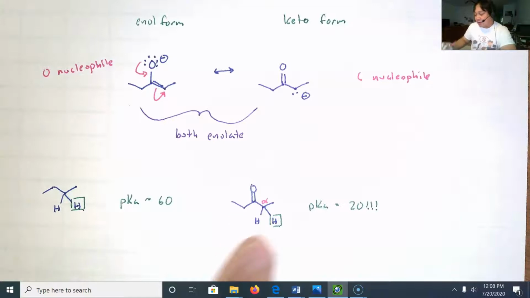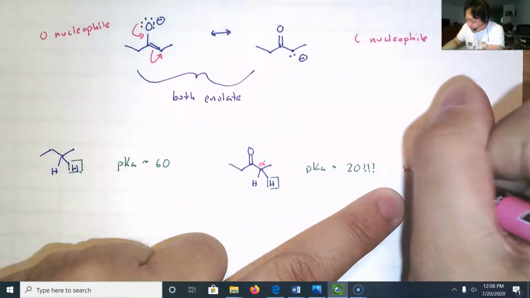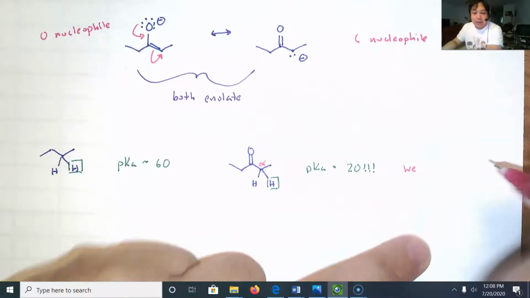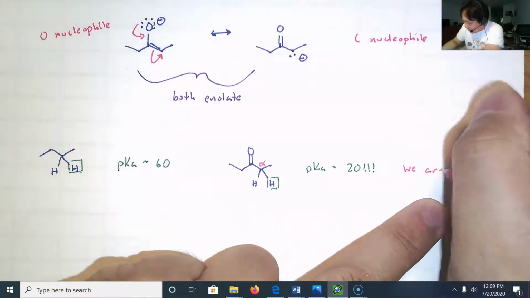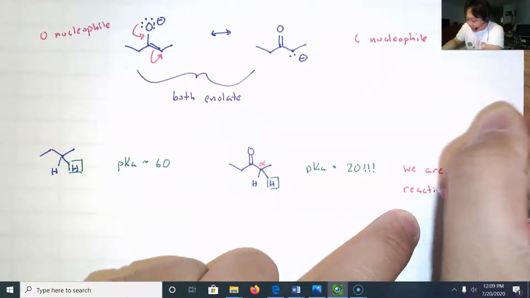And we're going to start doing reactions at the alpha carbon. And that is the key point about this enolate unit. We are doing reactions at the alpha carbon. Very interesting reactions.